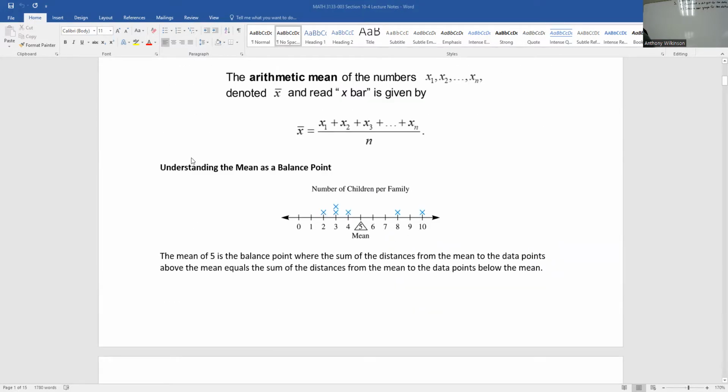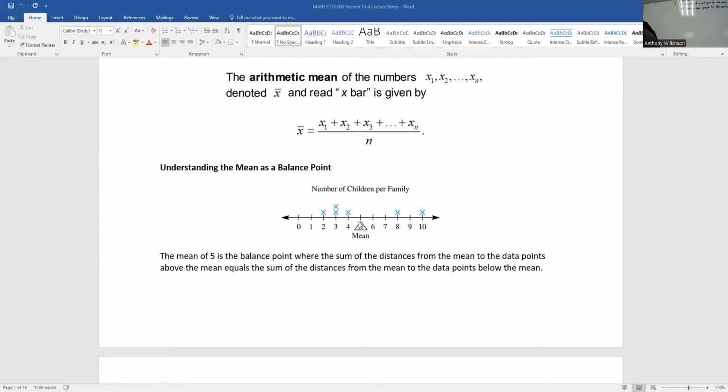All right, so for understanding the mean as a balance point, if we had, let's say, this dot plot, which has x's here, if we were to take the sum of these 6 numbers and divide by 6, you would get the mean of 5. What that mean represents in this case is the balance point where the sum of the distances from the mean to the data points above the mean equals the sum of the distances from the mean to the data points below the mean.